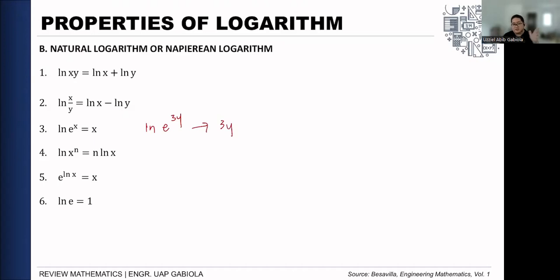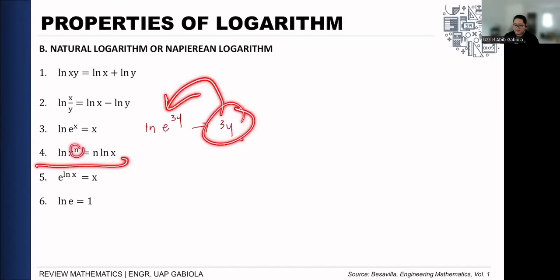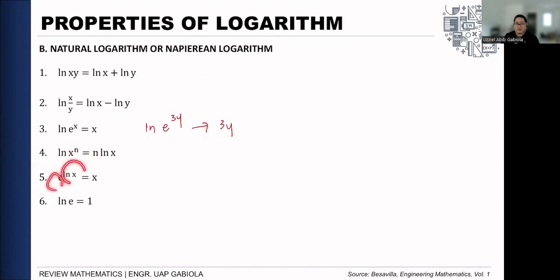So, kung halimbawa sa isang term mo ng equation, meron kang mga formula na may mga ln e, or ln. Tapos, yung 3y lang yung wala, pwede mong i-represent si 3y as ln e^3y. Okay? Si number 4, the same din. Kapag may exponent, pwede mo siyang gawing coefficient. Tapos dito, kapag e naka-raise sa ln x, equal naman tayo dun sa x lang. Okay?